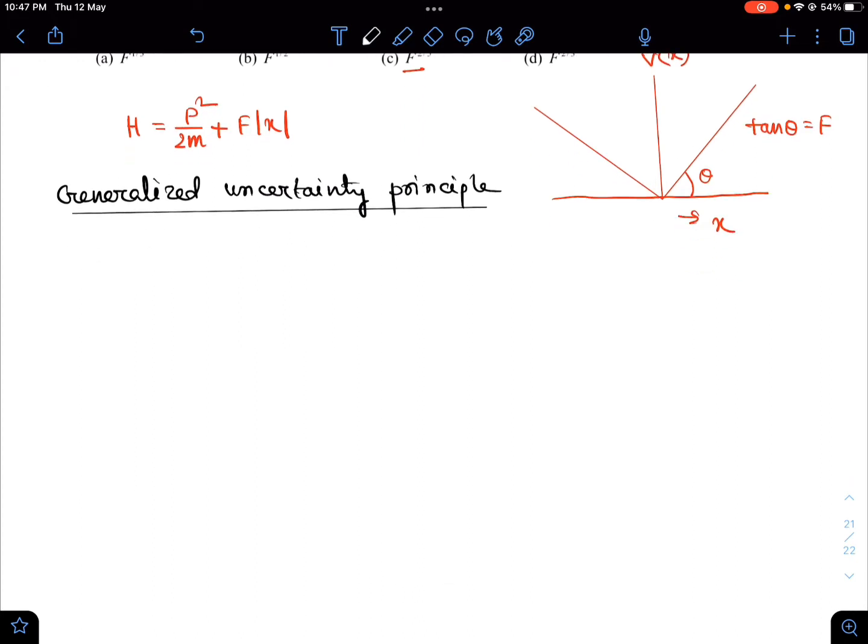It states that suppose we have two observables, and we know in quantum mechanics these observables are represented by operators. So A and B are two operators corresponding to these observables. The generalized uncertainty principle states that sigma A square, sigma B square should be greater than or equal to this.